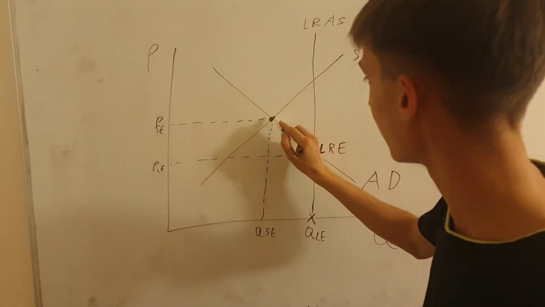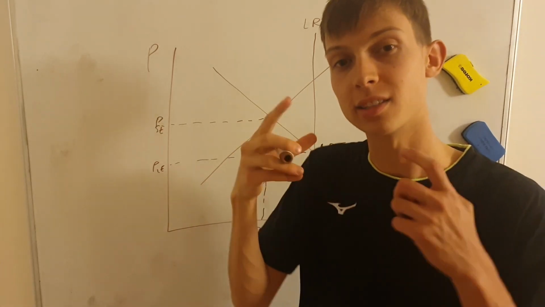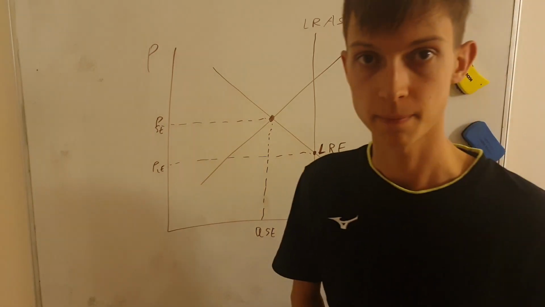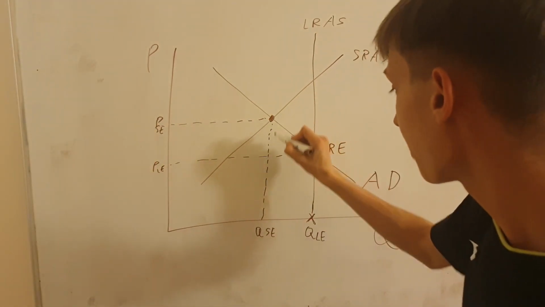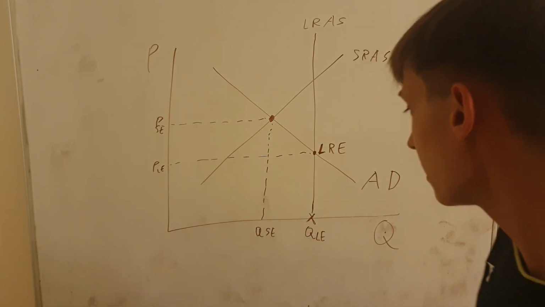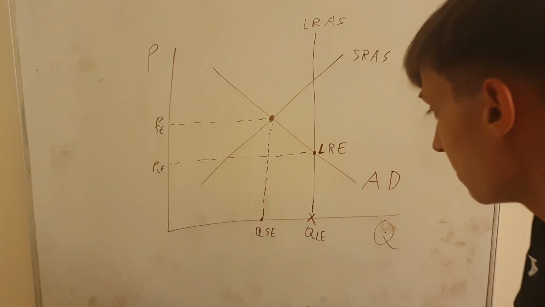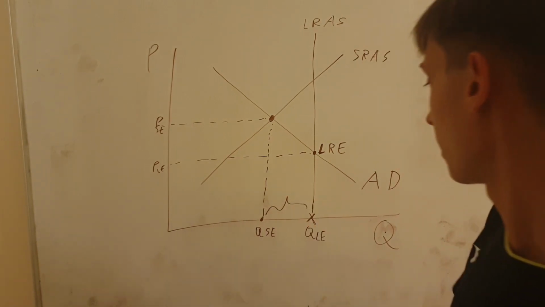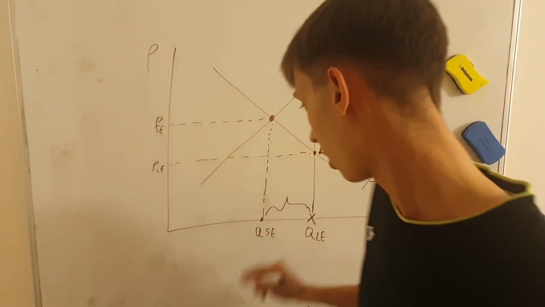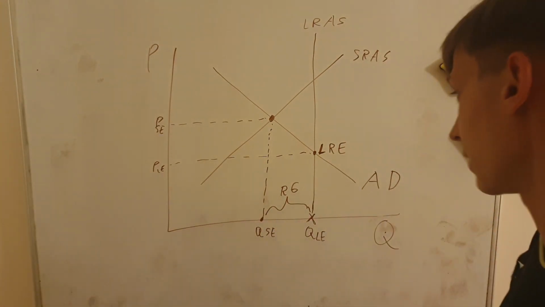Now, this is a situation where we have a lower total output; the real GDP is lower in the short run than it can be sustained in the long run. The gap between the long run sustainable real GDP and this particular current lower than possible GDP is lined out and is called the recessionary gap. I'll just say RG, recessionary gap.